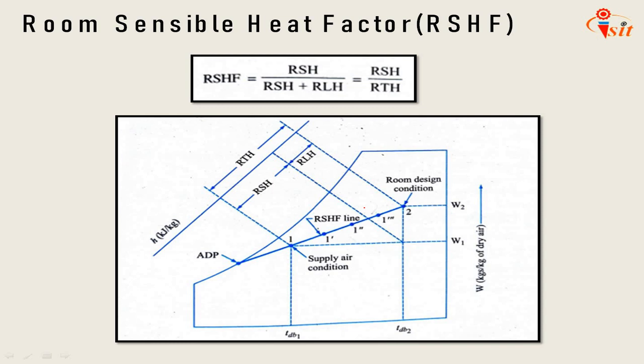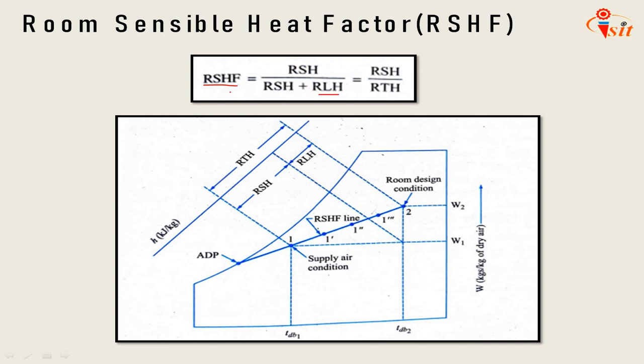Room sensible heat factor, which is known as RSHF, is the ratio of room sensible heat to the sum of room sensible heat and the room latent heat. For example, RSHF equals RSH divided by RSH plus RLH.